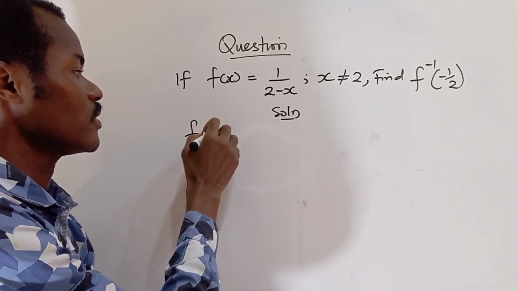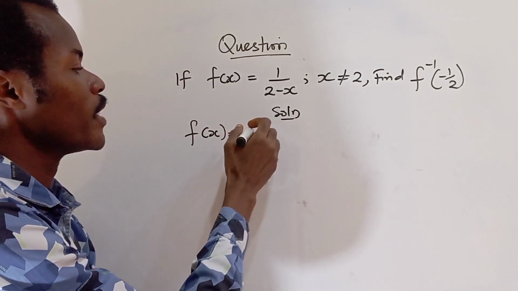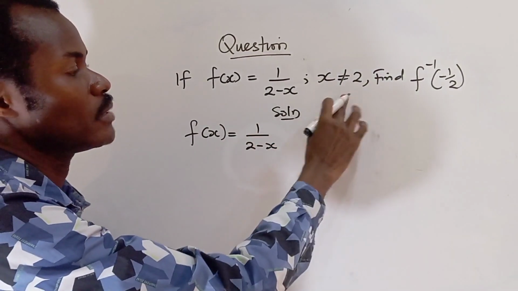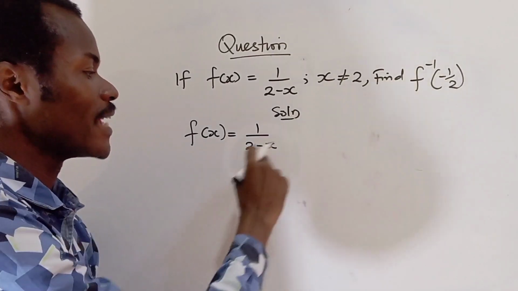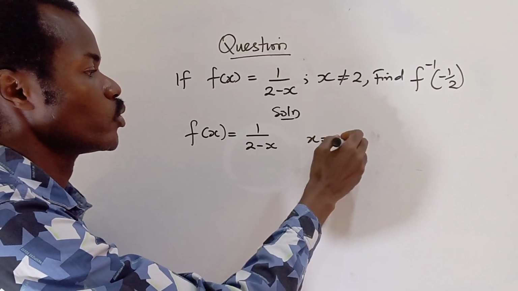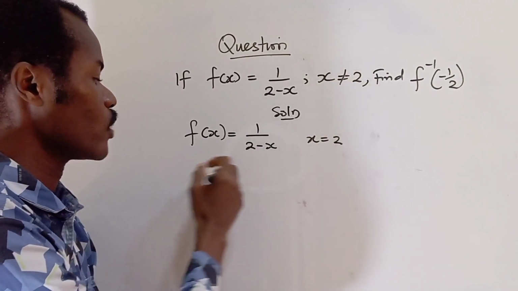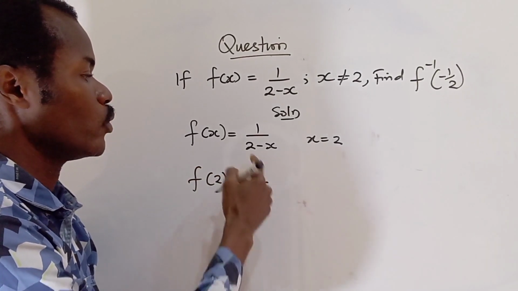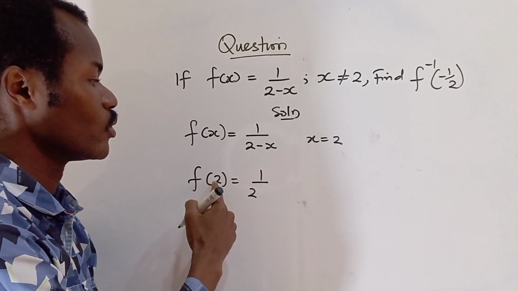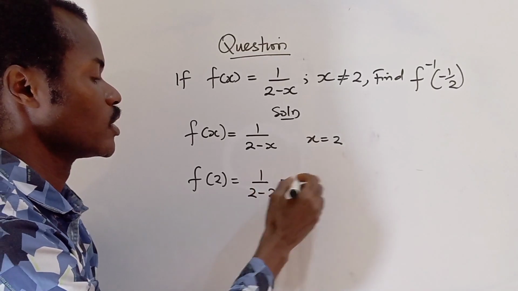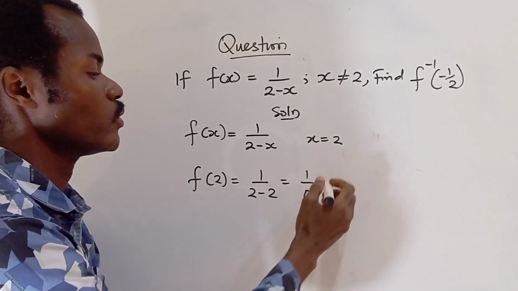Now this function, if we have 1 over 2 minus x, let's see what this means. If we make x equal to 2 and input it in this function, f at point 2 is going to be what? We simply substitute. x is 2 here, so it's going to be 1 over 2 minus 2, which is 1 over 0.